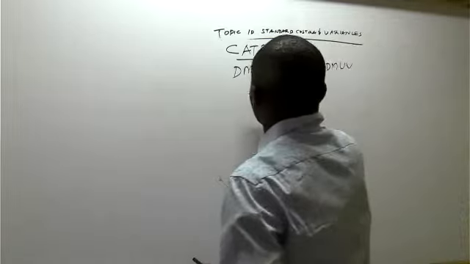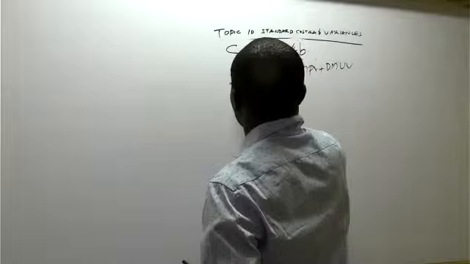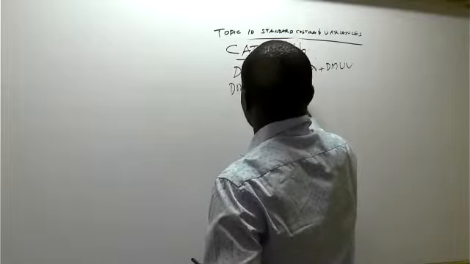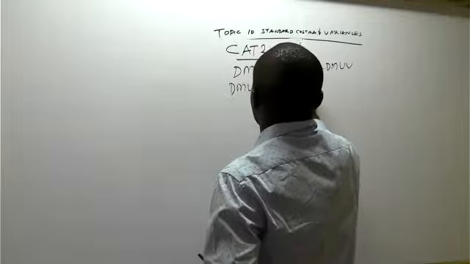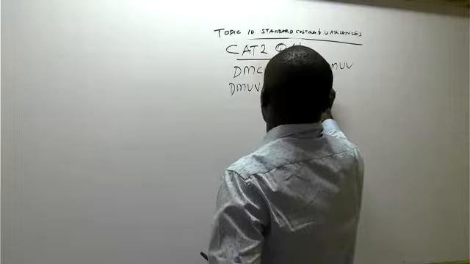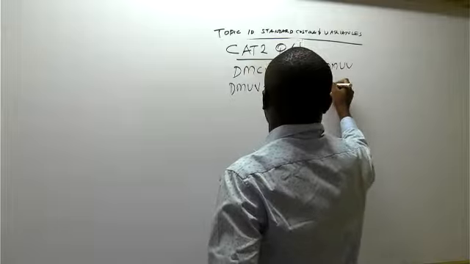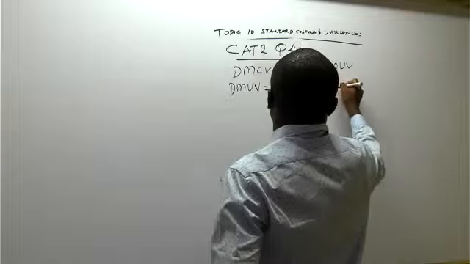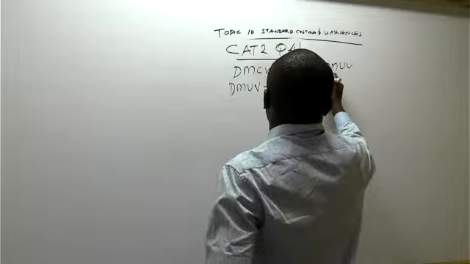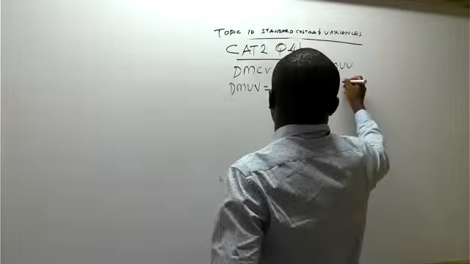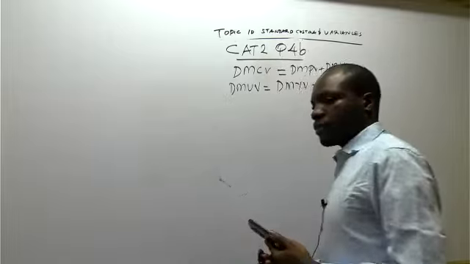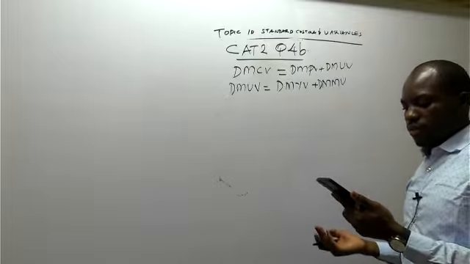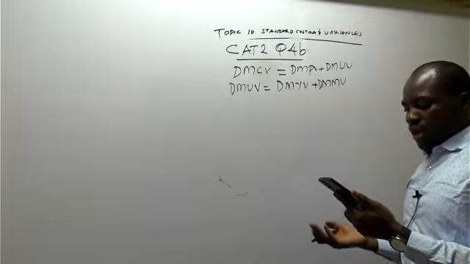But now, direct material usage variance is divided into two: direct material yield variance plus direct material mix variance. So that's what we have there.